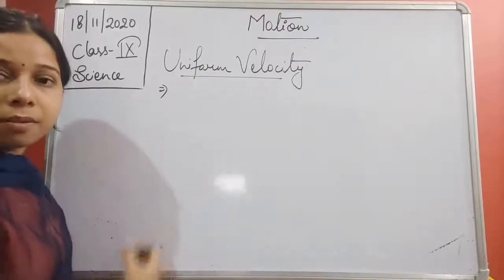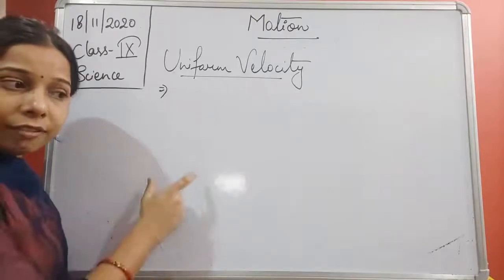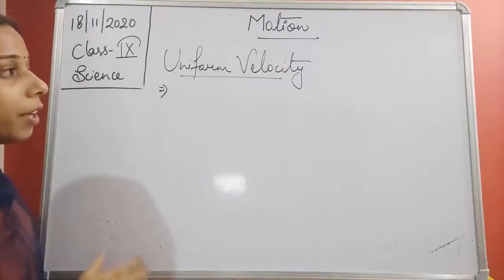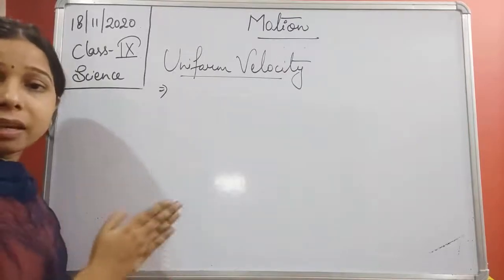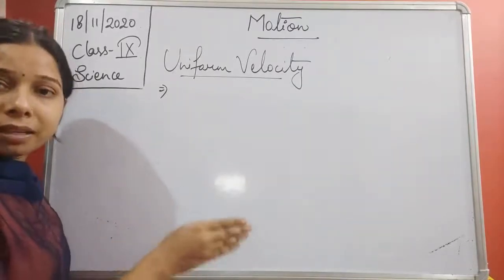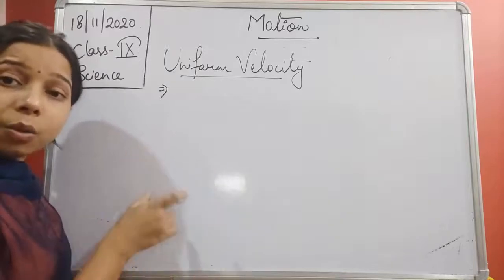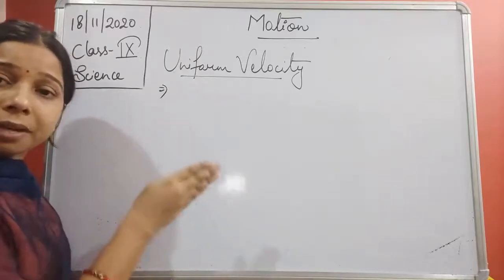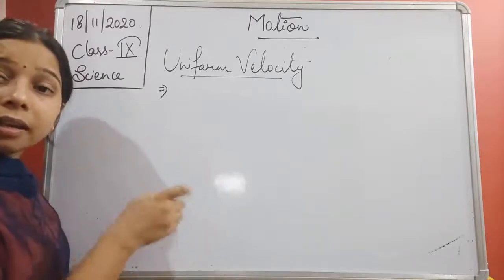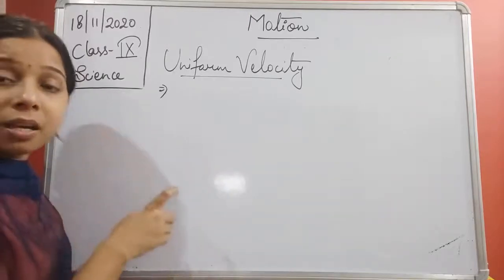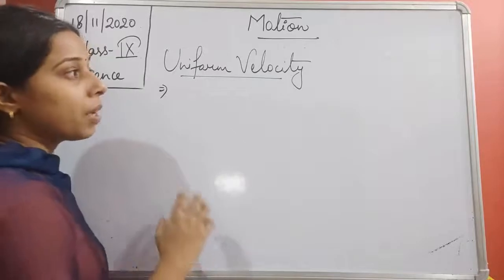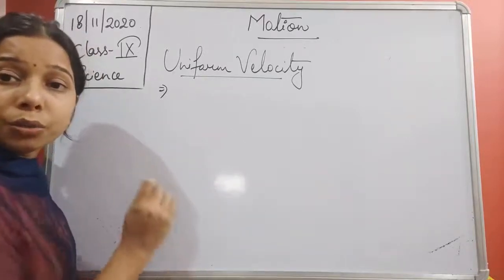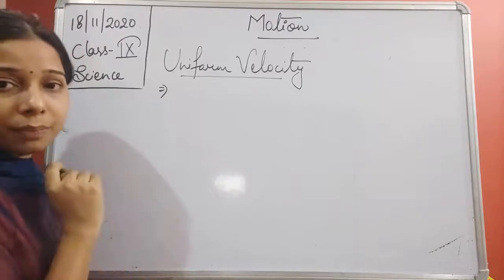That speed is uniform if it is traveling an equal distance in an equal interval of time. Here also, if an object is moving in a specified direction and travels the equal distance in that particular direction in an equal interval of time, such kind of velocity is known as uniform velocity.